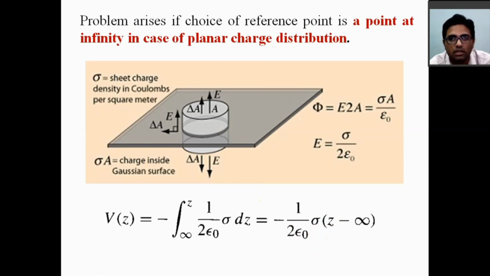So the remedy is to choose a reference point where the potential is 0, and that is the origin. In that case the potential V of z is minus sigma z by 2 epsilon naught.